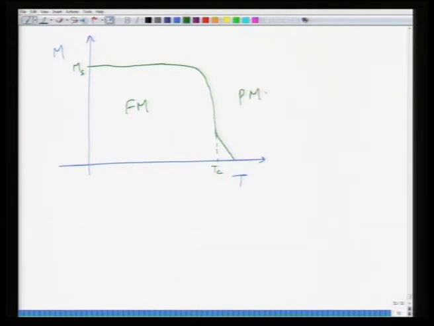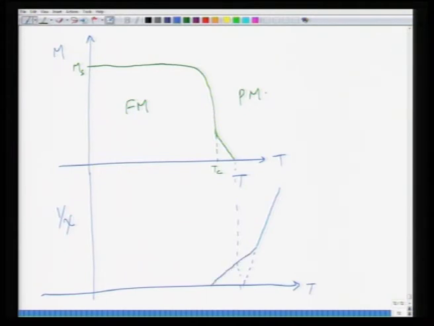In contrast, if you plot the susceptibility, with temperature on the x-axis, and plot 1 over chi, it has a behavior like this, and this intercept is called theta.